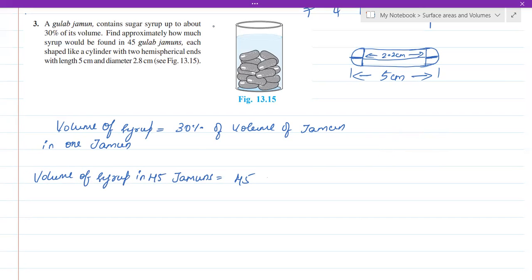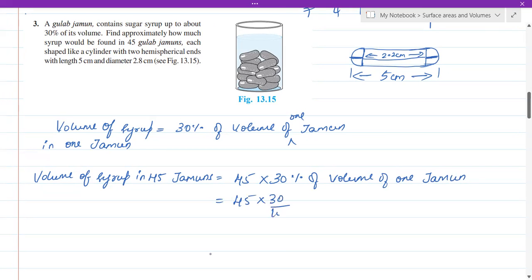Same logic. 1 jamun, so much. 45 jamuns, how much? In the sense, you have to multiply by 45. So 45 into 30% of volume of 1 jamun. Now, 45 into 30% can be written as 30 by 100.